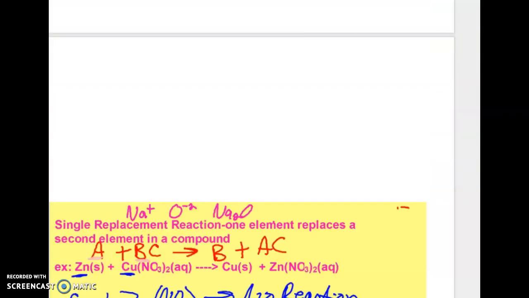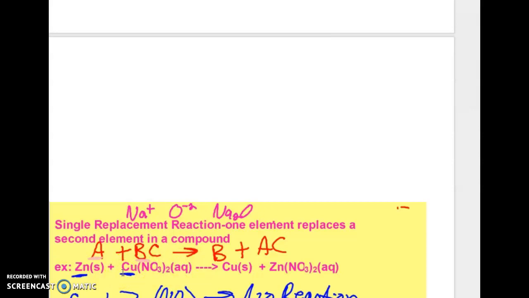Okay, and so the next one is the single replacement reaction, where one element replaces a second element in a compound. I think these are pretty exciting reactions. The way that we know this is a single replacement reaction is that somebody is single by themselves, and there's a compound, and you'll notice this is an ionic compound.